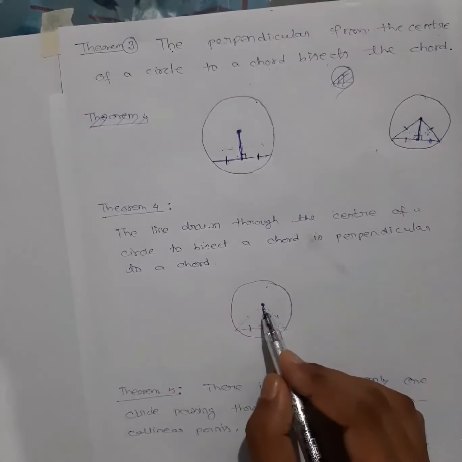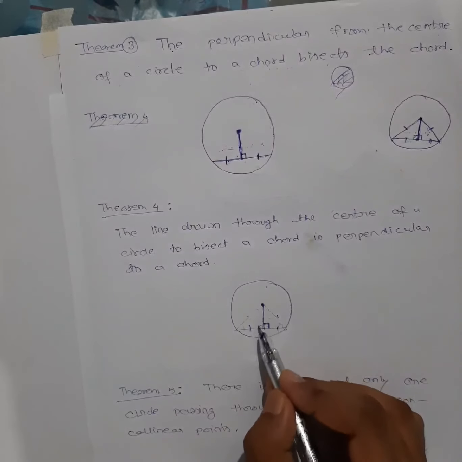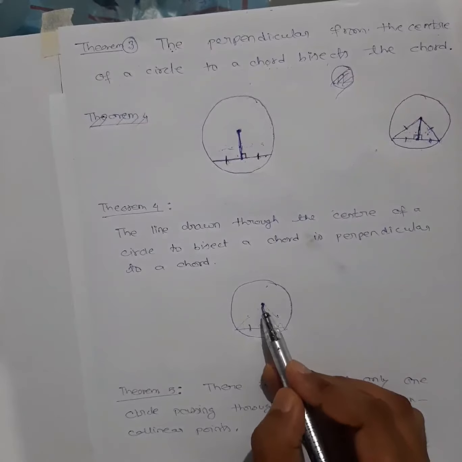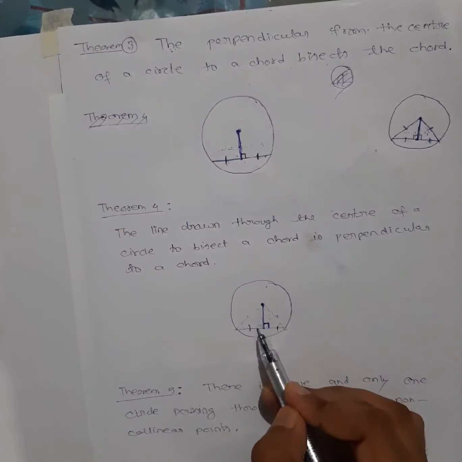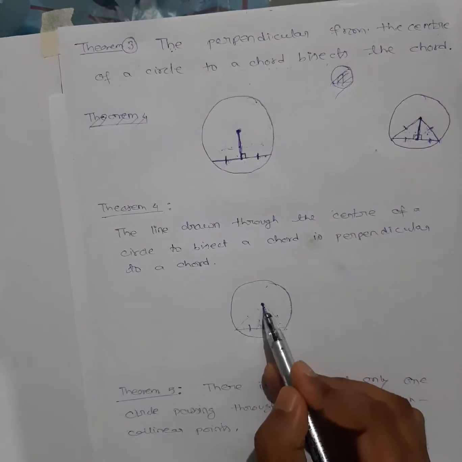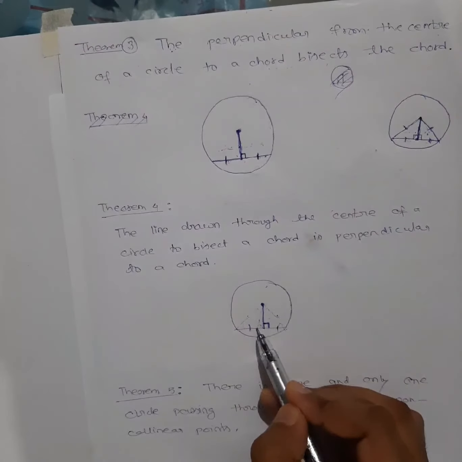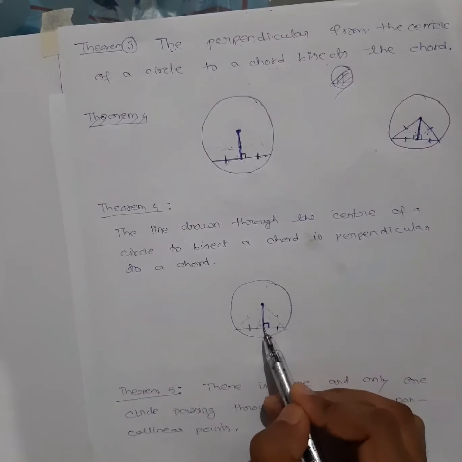So here what you have to do is, if this is not perpendicular, you have to construct. Okay, this is a little lengthy but simple proof. If this is not perpendicular, then you have to construct a perpendicular line here. Okay, so if you construct, then try to show that this will be the shortest line here. Shortest line means this will be the height. So this will be a little complicated compared to this one.